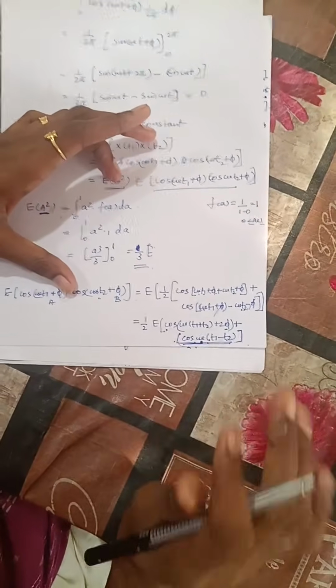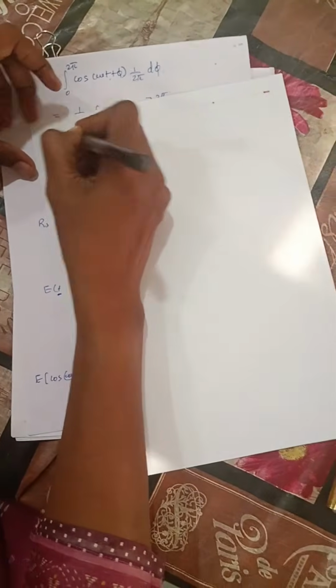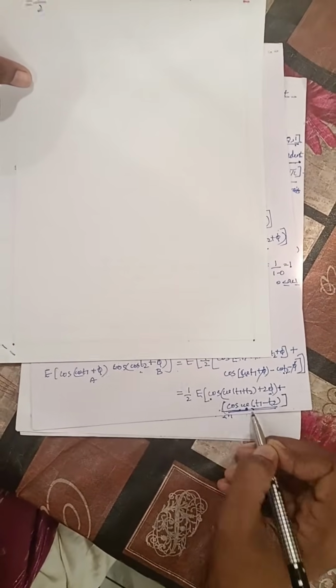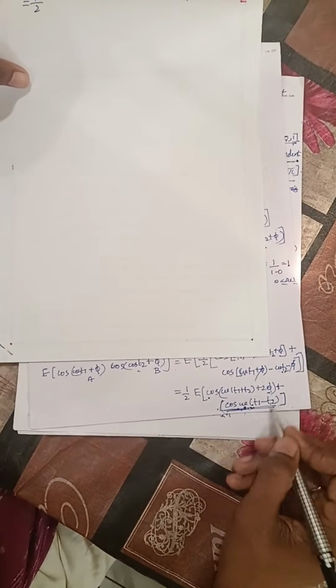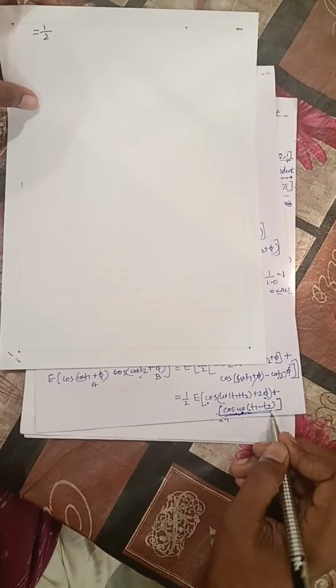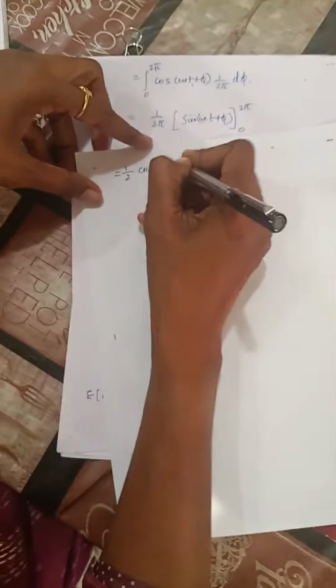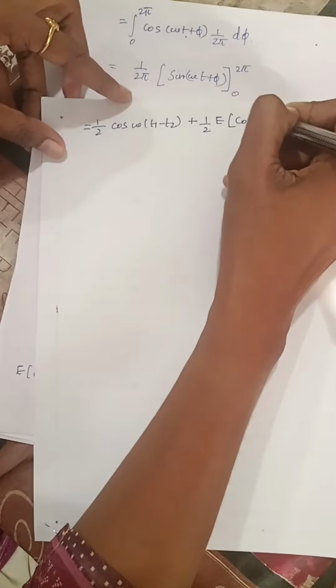So this becomes 1 by 2 into cos omega t1 minus t2, plus 1 by 2 expectation of cos omega t1 plus t2 plus 2 phi.